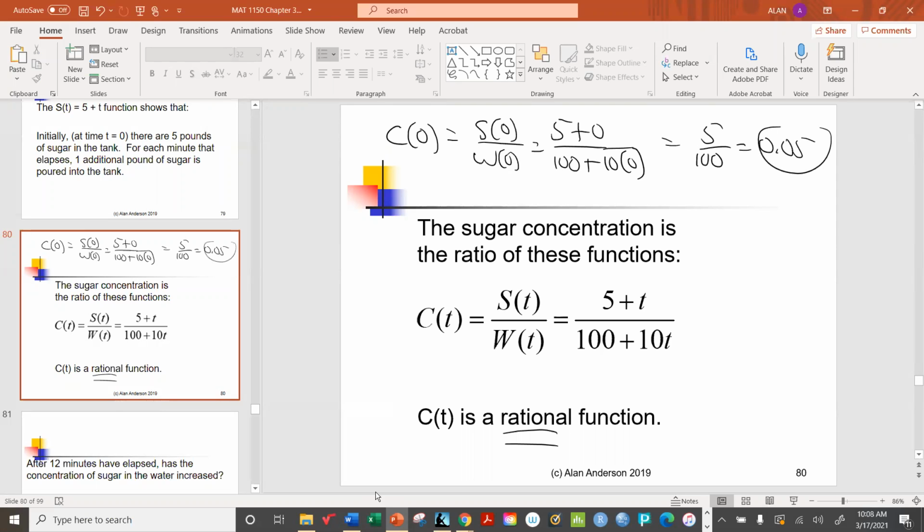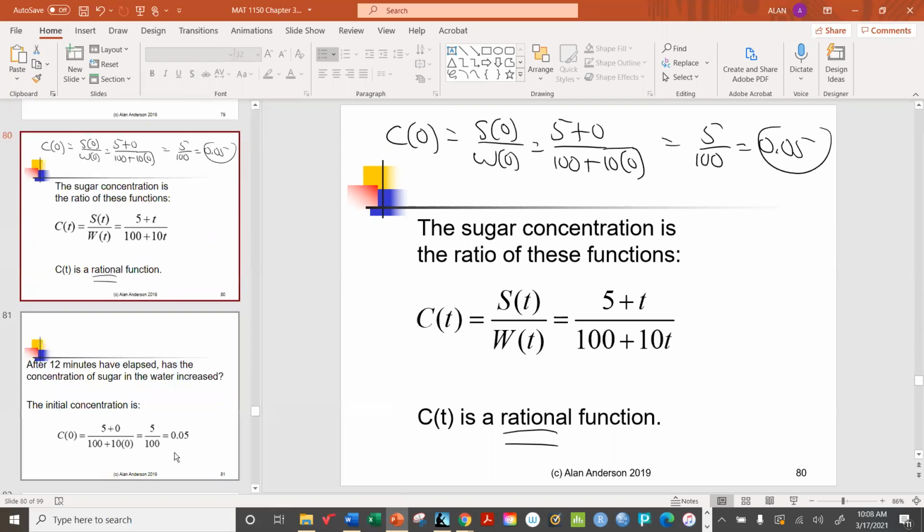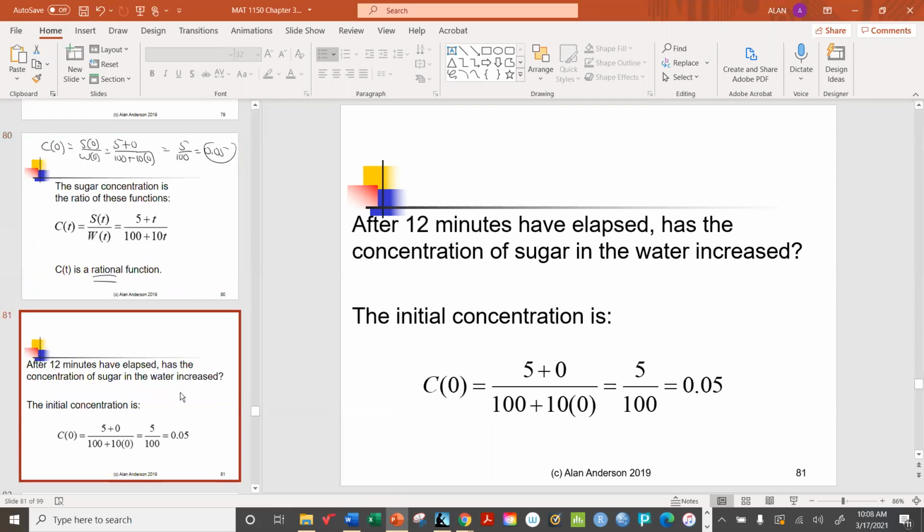So initially 5% of the liquid is sugar, but what happens after 12 minutes go by? Let's find out. All right, here it is. So yes, the initial concentration is already here. It's 5% or 0.05.